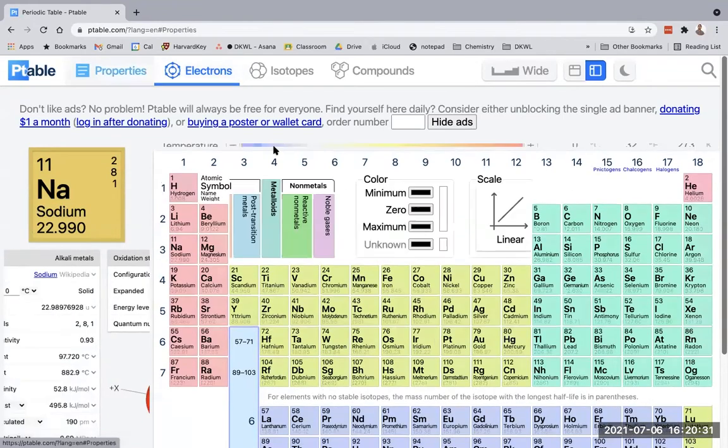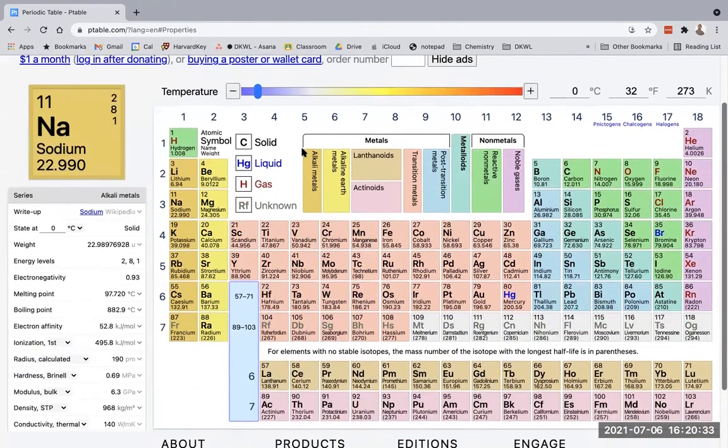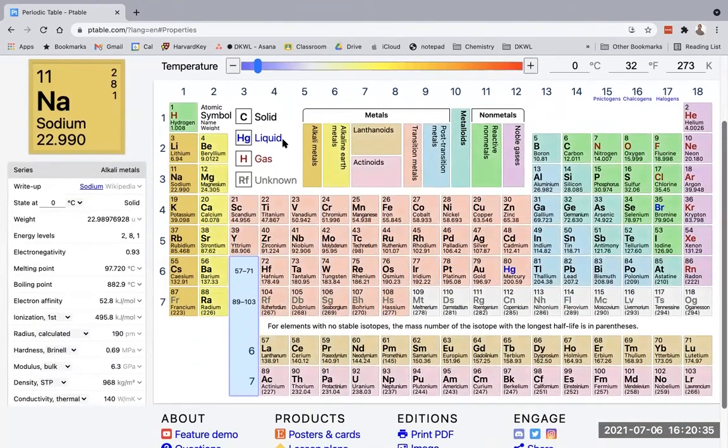So if you come back to this, you'll notice that there are different colors. There are groups, there are periods, there are blocks in the periodic table. We have already talked about blocks. We don't need to know much about them in O levels or IGCSE, but we do need to know a little bit about the groups.